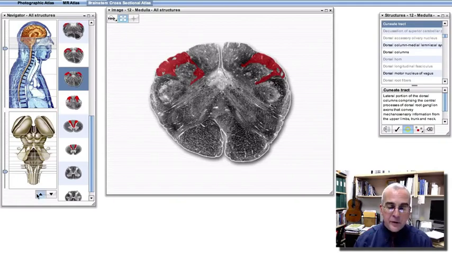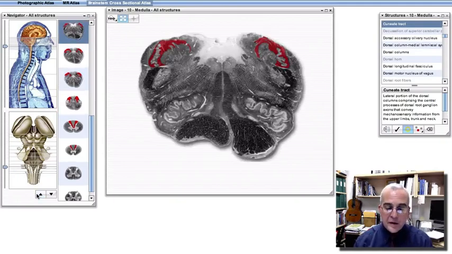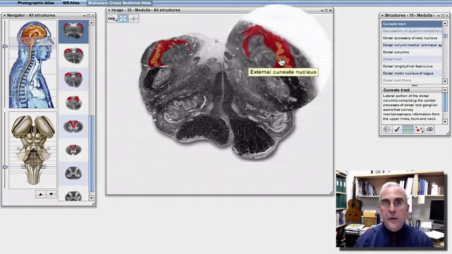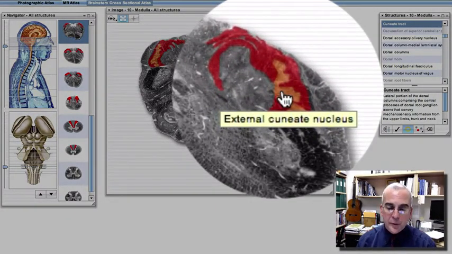So here we are in the region of the caudal medulla, and we are now very close to where we would find our full complement of dorsal column nuclei, including this far lateral external cuneate nucleus. So here's our external cuneate nucleus, and I'll highlight it here on the right side of this image to be consistent with where we started.